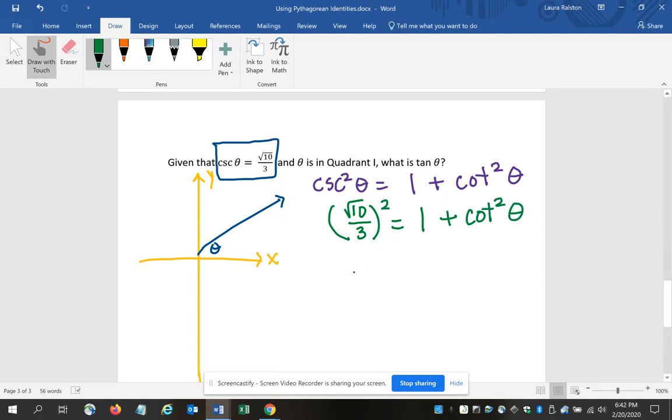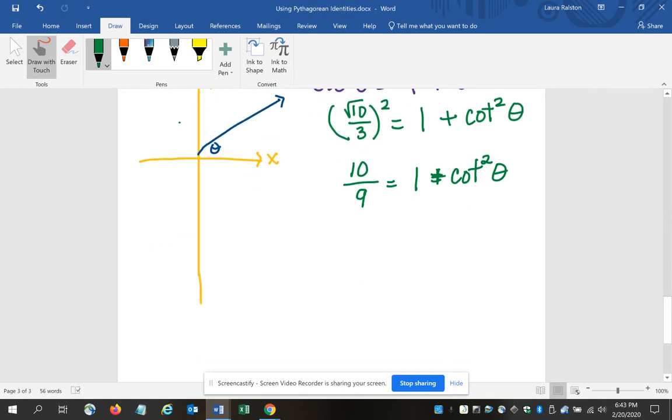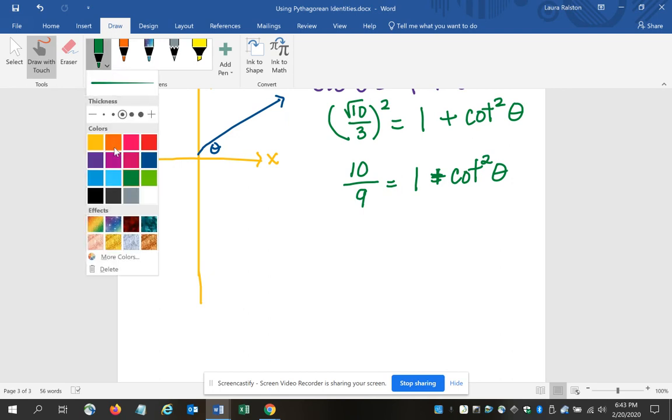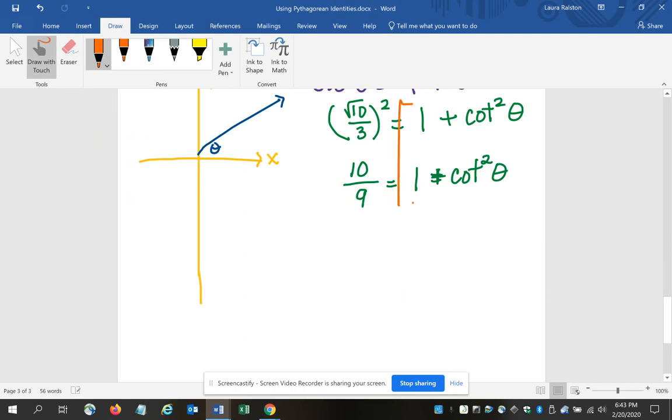Okay, so square root of 10 times square root of 10 is 10, divided by 3 times 3 is 9, equals 1 plus the cotangent squared of theta. I need to isolate cotangent, good old basic algebra. Okay, I'm going to isolate cotangent by subtracting 1 from either side.